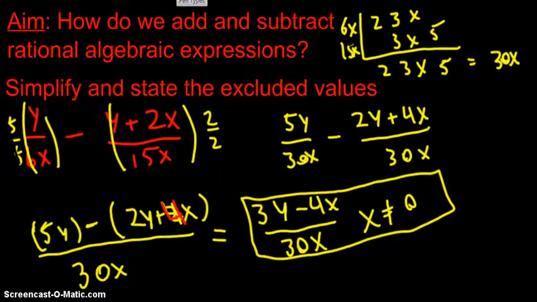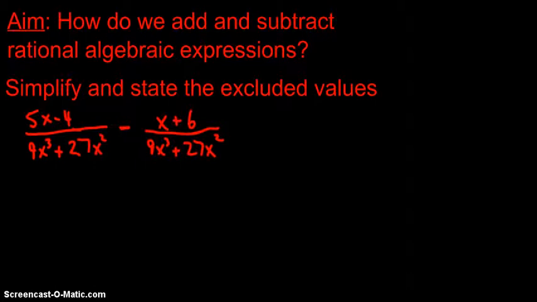Alright, let's take a look at another example. In this case, we actually have a common denominator. A lot of the problems that you'll see will have common denominators. The issue that people have with them is, again, putting the parentheses in when they do them.